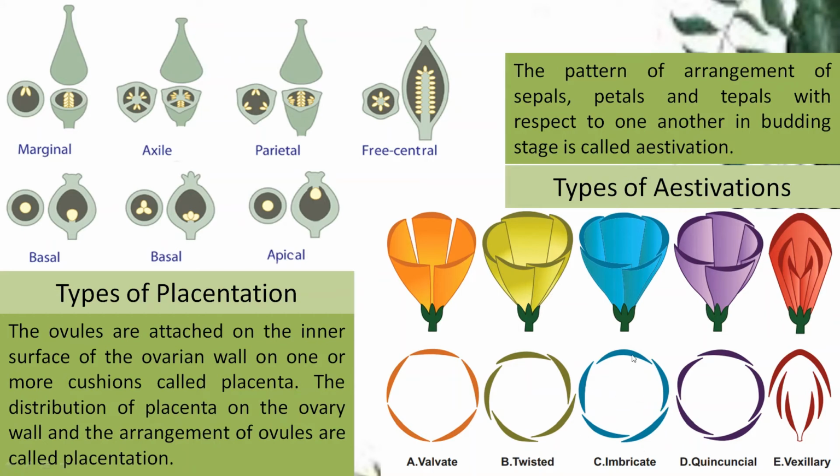Quincuncial: see, two are completely out, two are completely in, and one is twisted, meaning half in, half out. And this is vexillary, a totally different type of arrangement, seen in vexillary type of flowers. Clear? The types of estivation are clear.